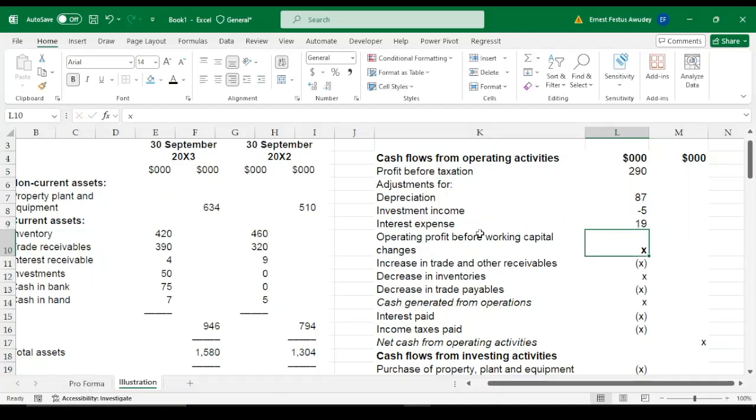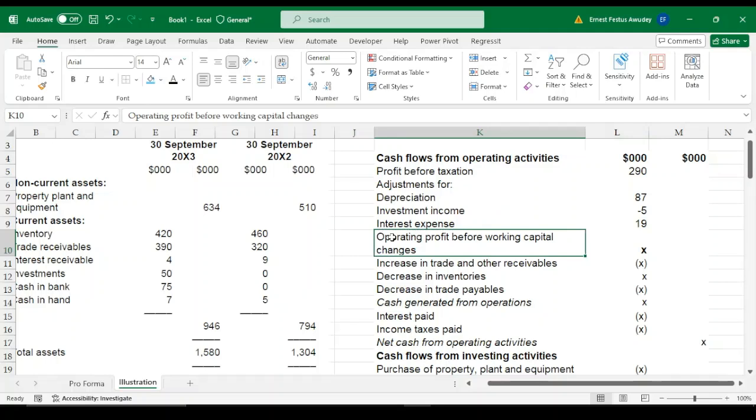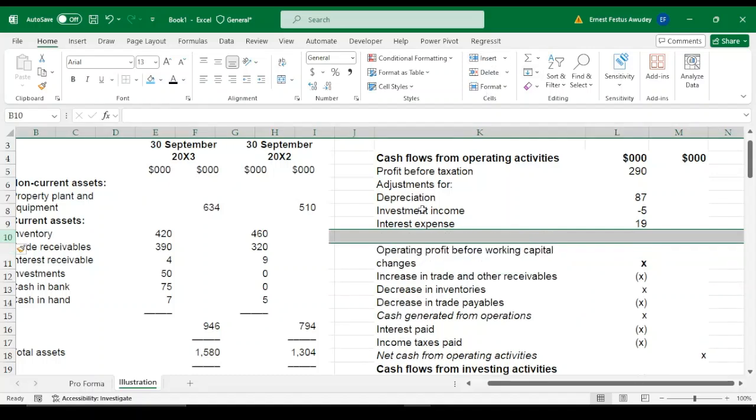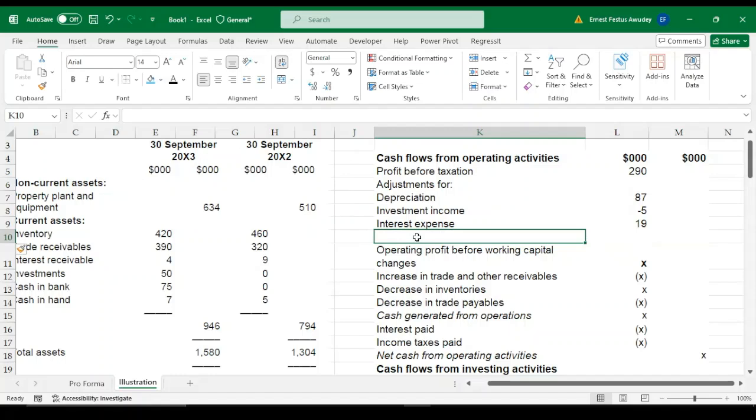Then there is an extra item before that, and it is not actually part of our pro forma financial statements, but that is going to be profit from disposal of NCAs, that's non-current assets.